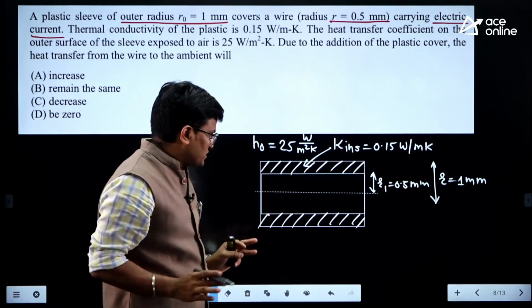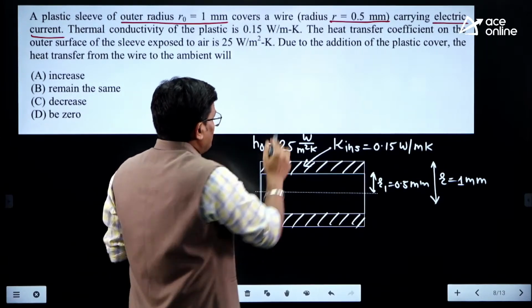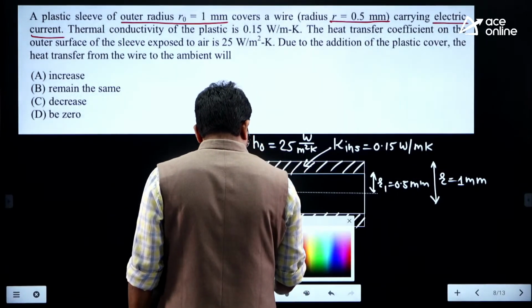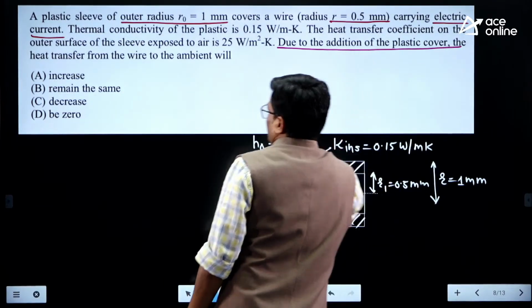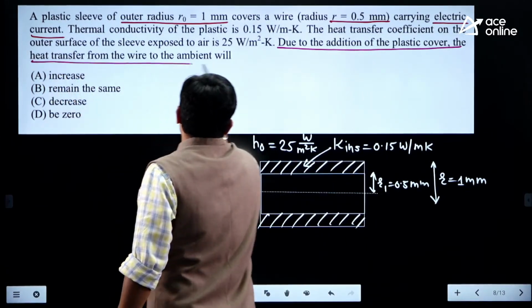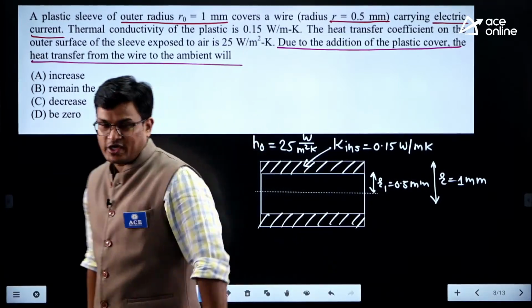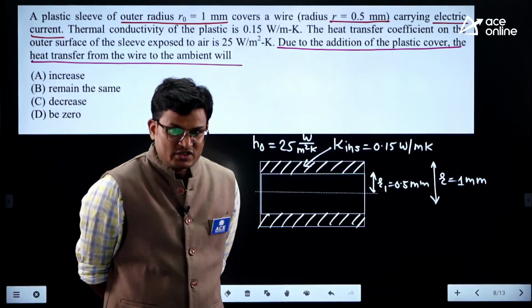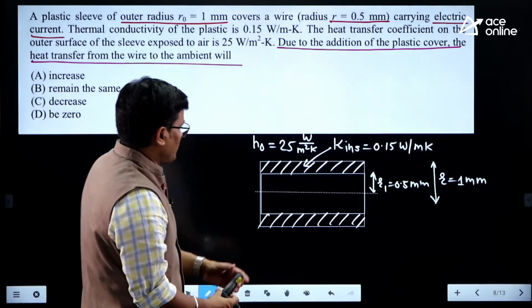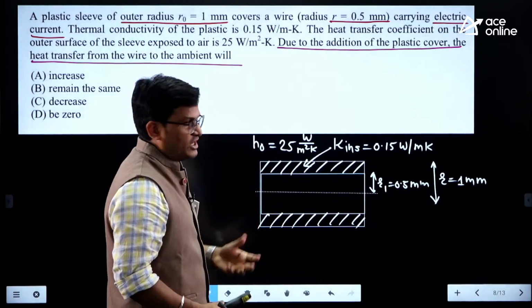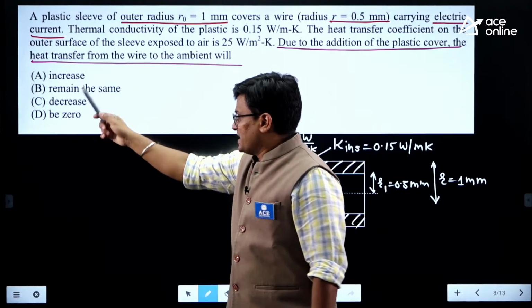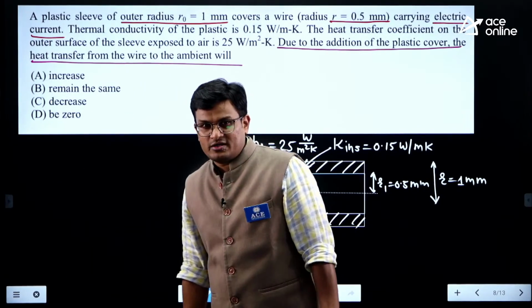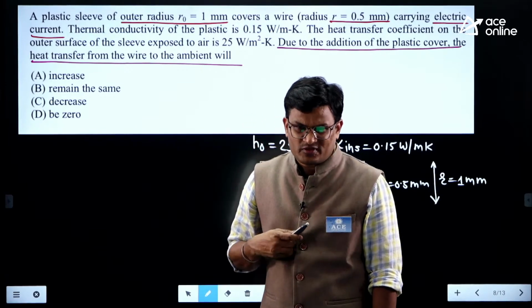The question asks: due to addition of the plastic cover, what happens to the heat transfer from the wire to the ambient? Whether it increases, remains the same, decreases or becomes 0.